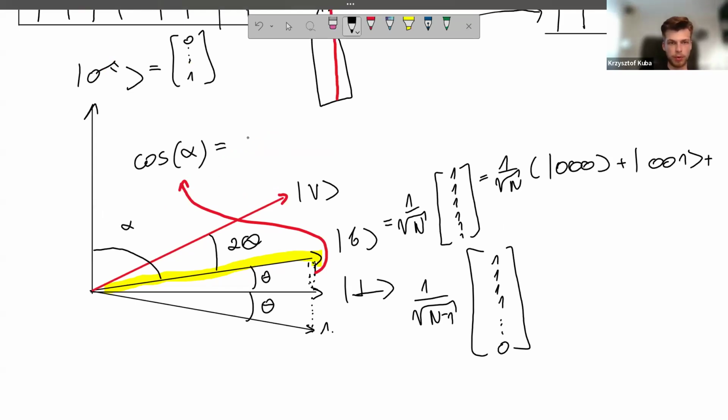So this will be the dot product of our v vector projected onto the key. Raise your hand if you're not familiar with this bra-ket notation.